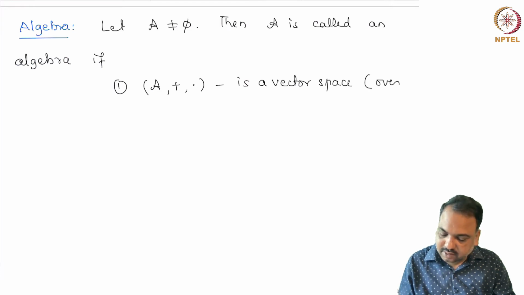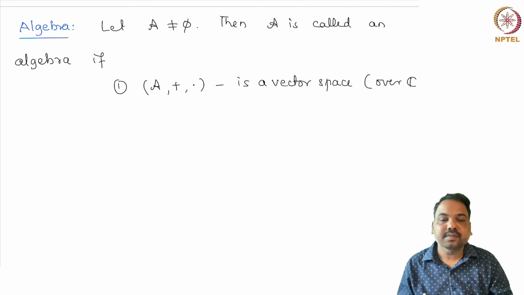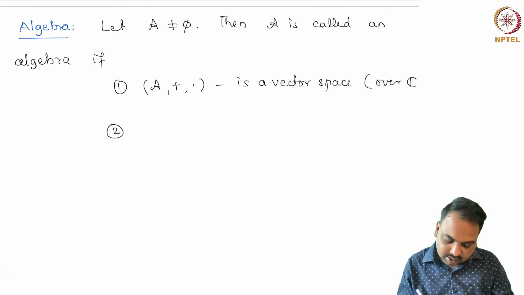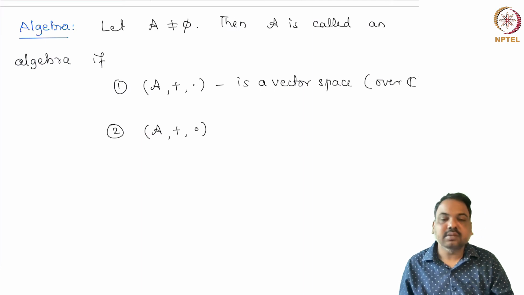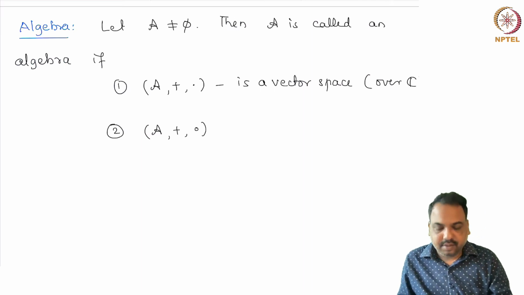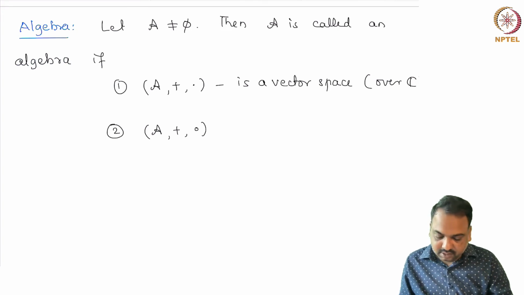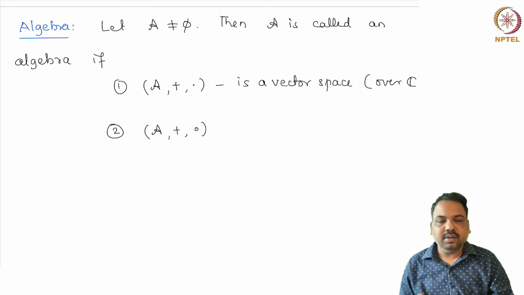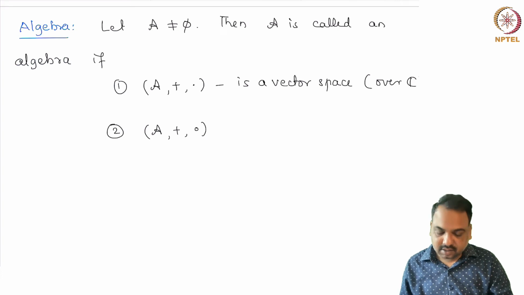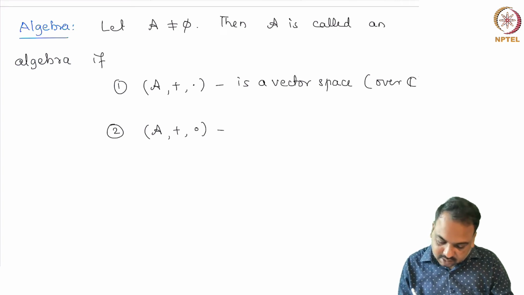Here again we are going to look at it over C. The second condition is that (A, +, circle), that is, composition in the case of L(V), which is nothing but multiplication of two elements from A, is a ring.